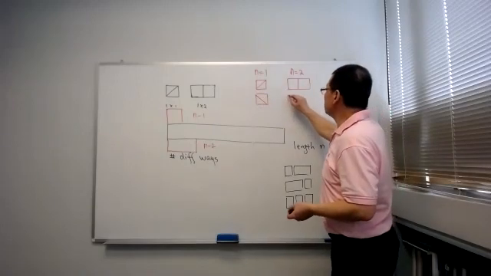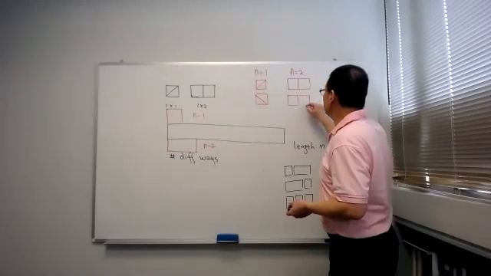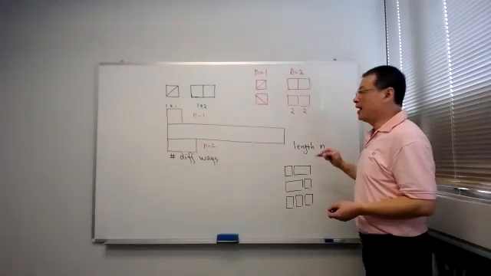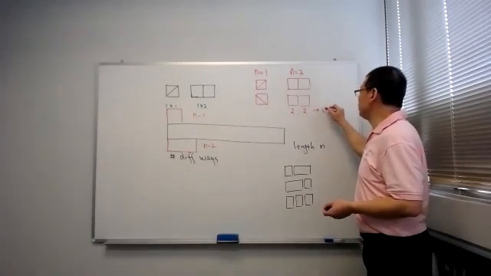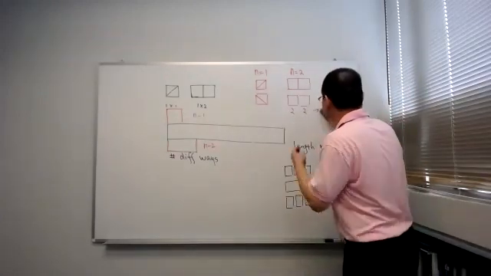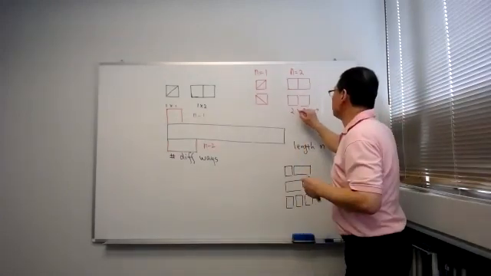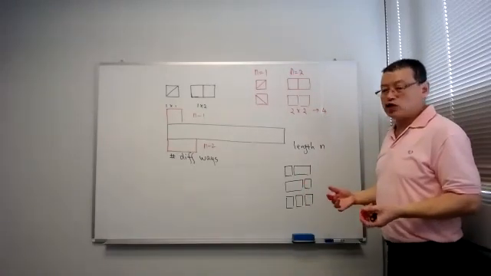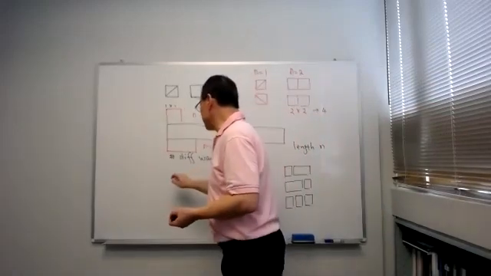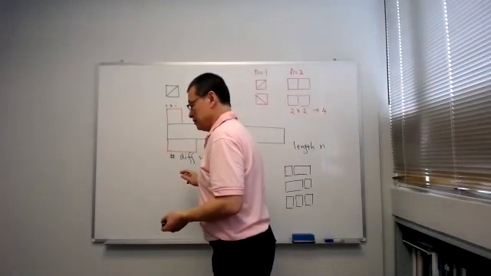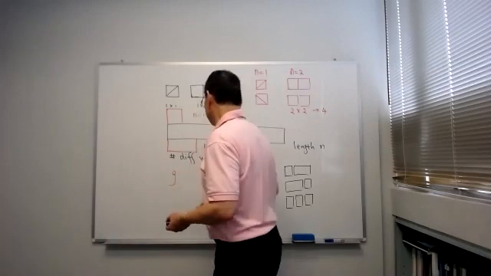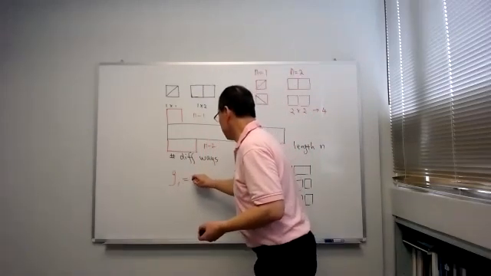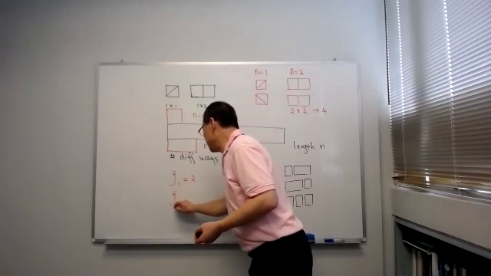Each has 2 possibilities, which gives us 4 different patterns. So the initial values change. Call it G: G1 equals 2, and G2 now equals 5.